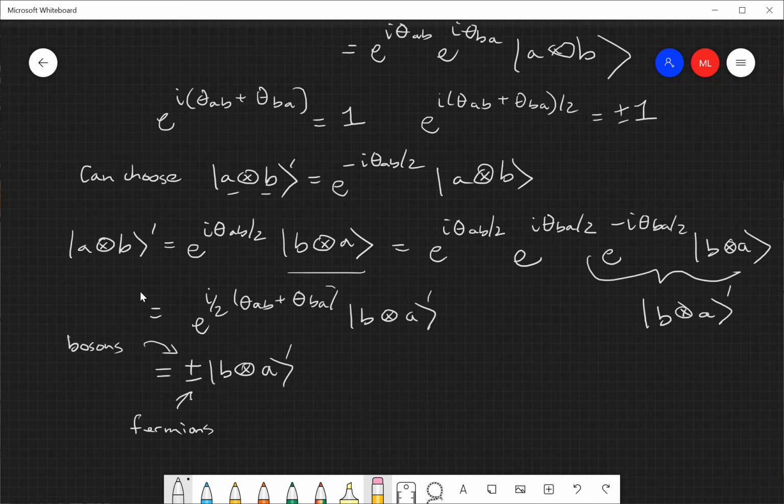Either they don't change under particle exchange, and that's the bosons. Otherwise, they pick up a minus sign, and that's the fermions. And we can always make that definition because of our freedom of choice for the overall phase of the state. We can always set things up so that our states are of this type. So that's an interesting thing. Any questions about that?